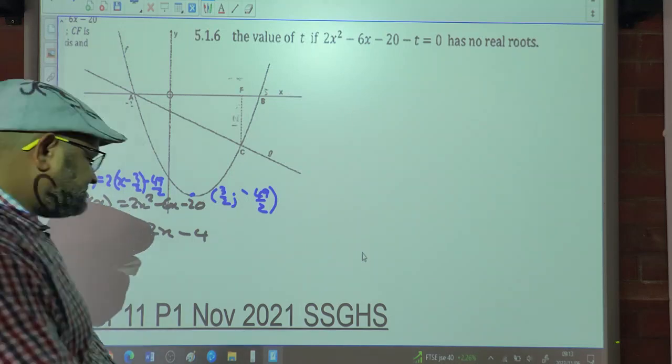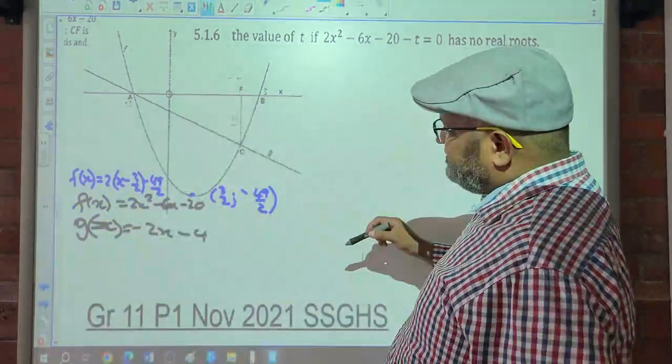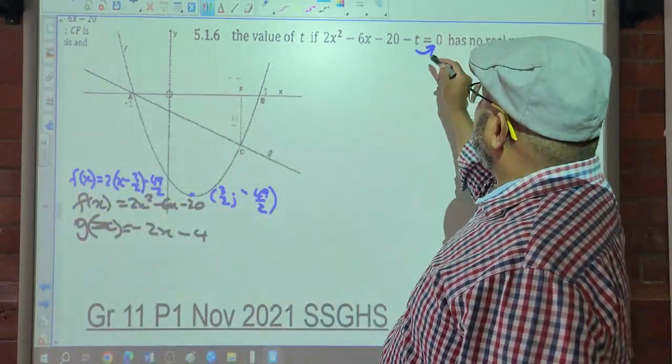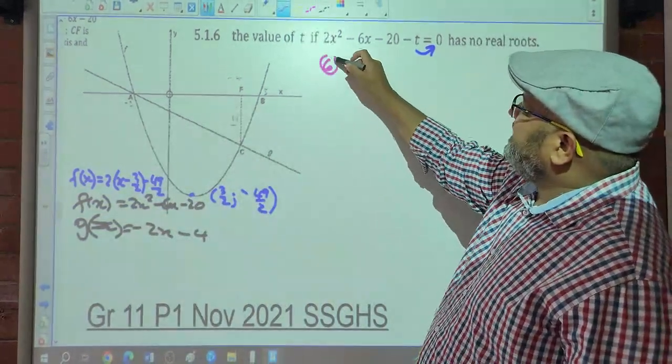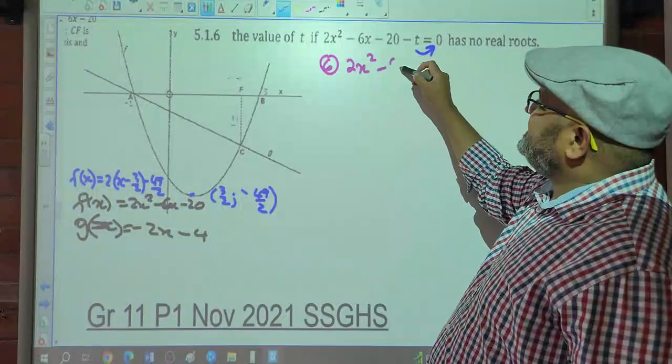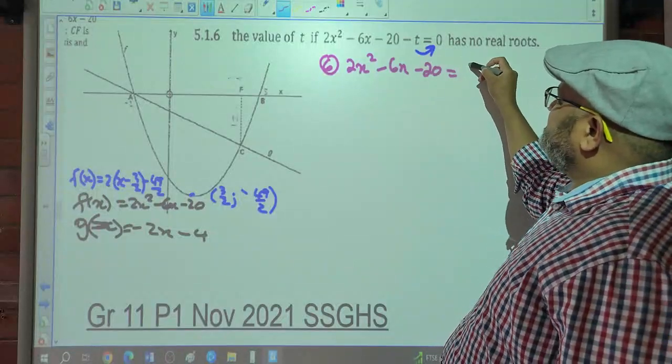As I've indicated, there's two ways of doing this. We have 2x squared minus 6x minus 20 must be equal to t.